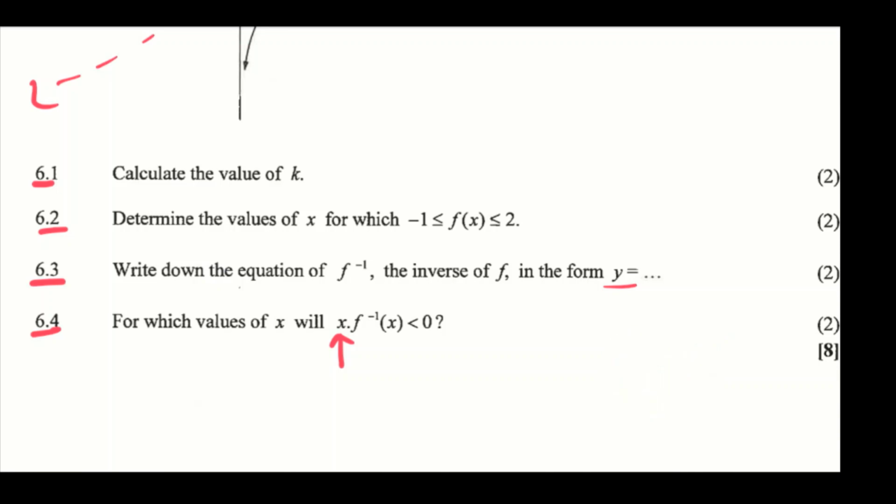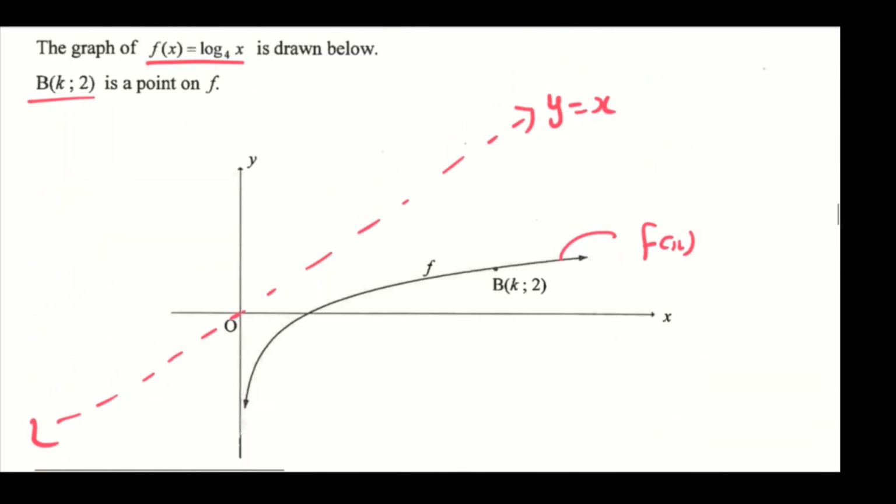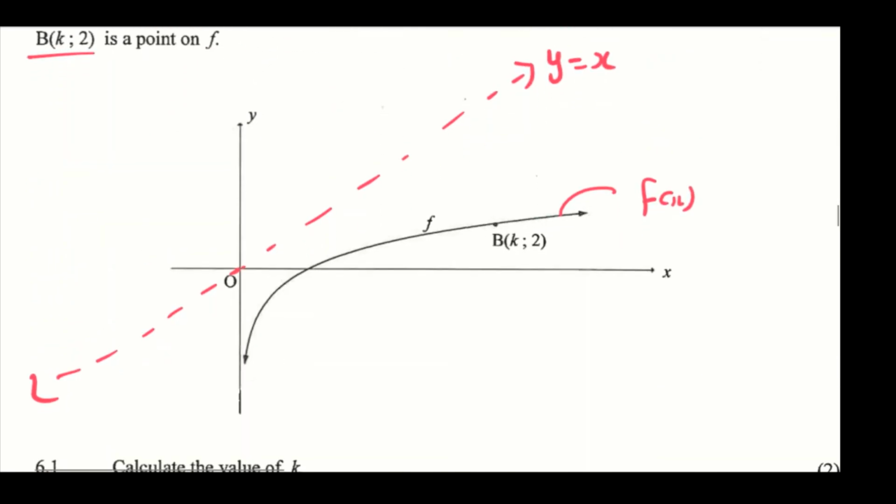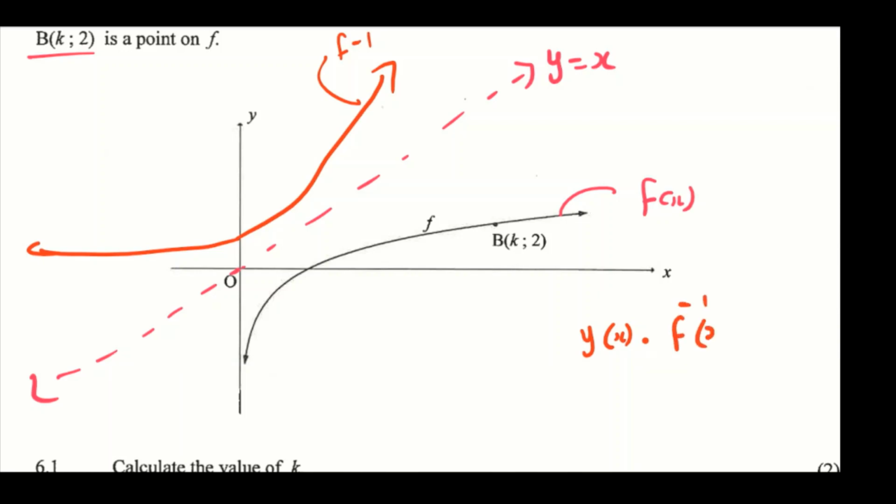Cool. So we have the function y is equals to x, and then the inverse will be somewhere here, like that, right? So this would be the inverse of f. What they are saying is, if you have your equation y is equals to x multiplied by the inverse of f of x, when you multiply both, they give you a solution that is less than 0.